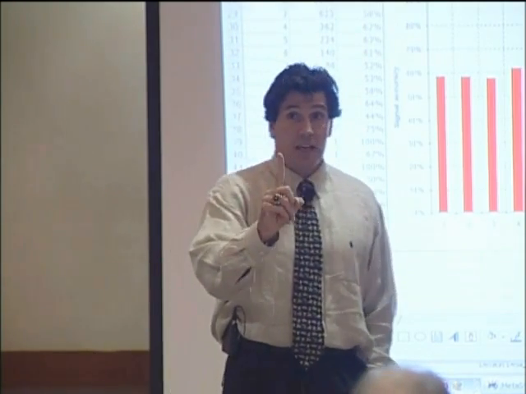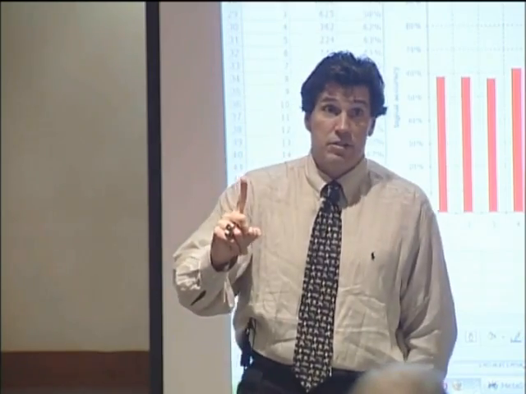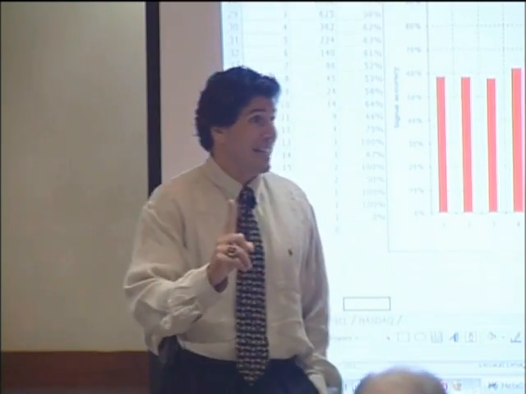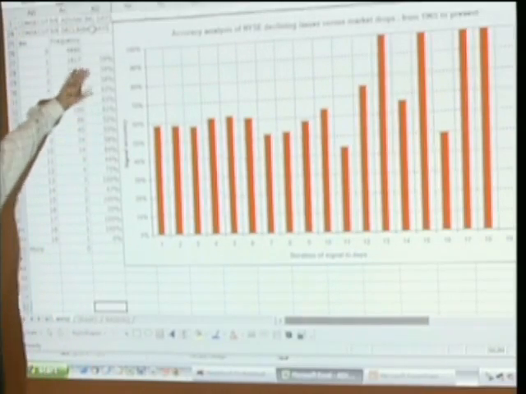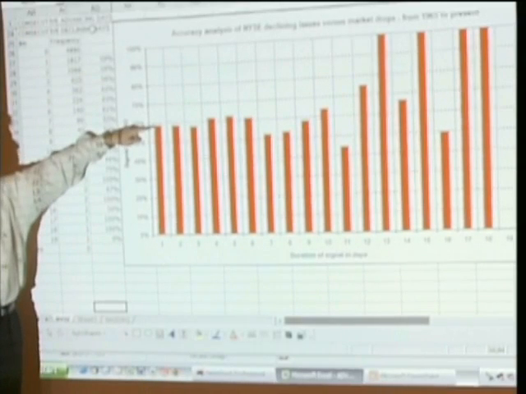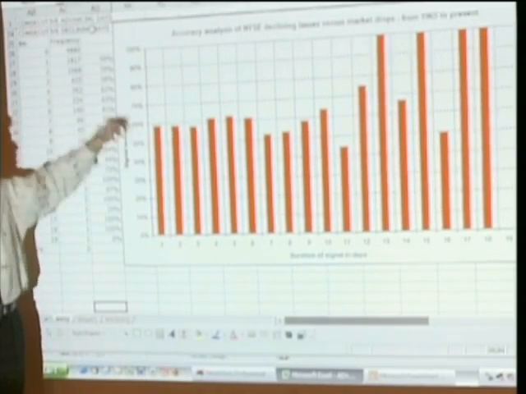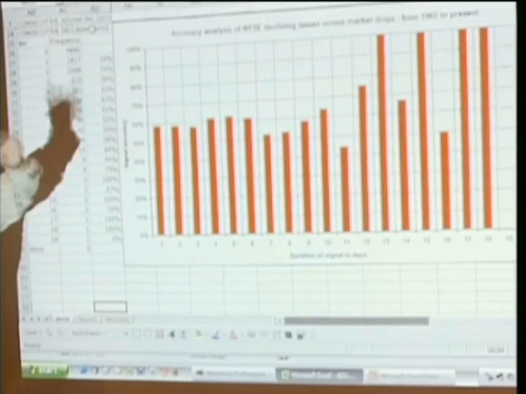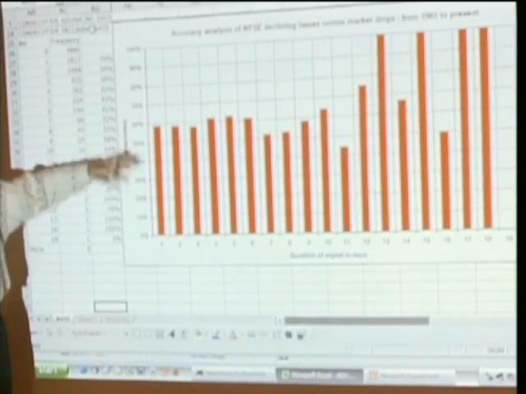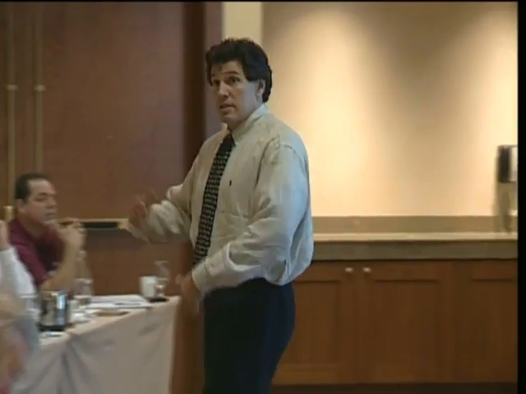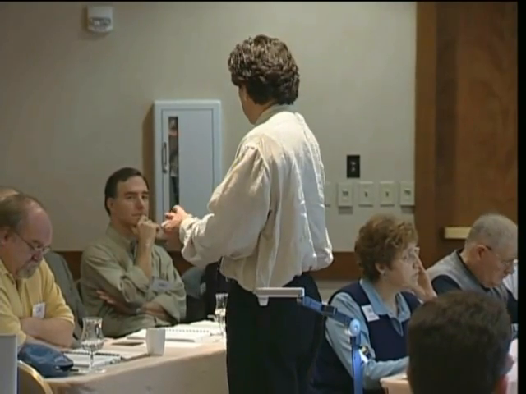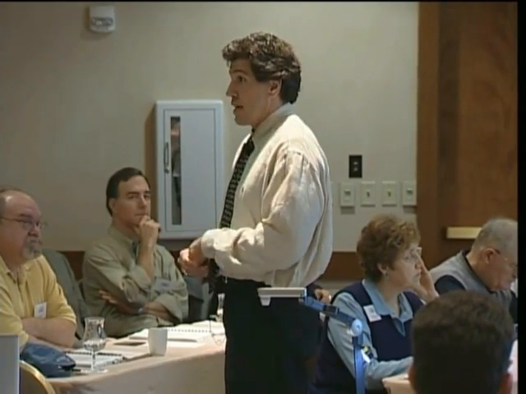So we have 1 consecutive day of decliners beating advancers. What's the likelihood that the market will be down on Monday? If history follows, 59%. If decliners beat advancers again on Monday, there's again a 59% chance the market will be down on Tuesday, and so on and so forth. So this gives us an idea of what we would call the persistence of the trend, which is about 60%.